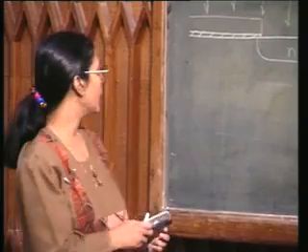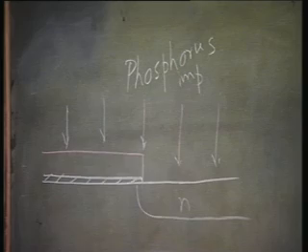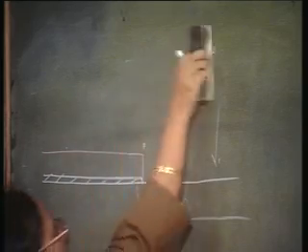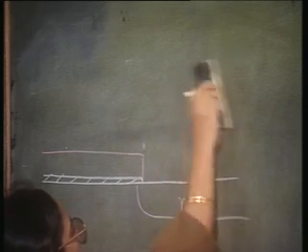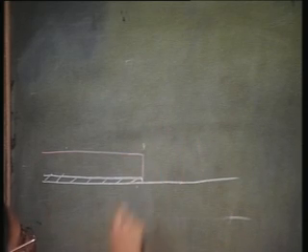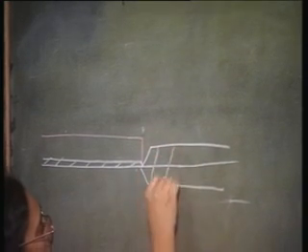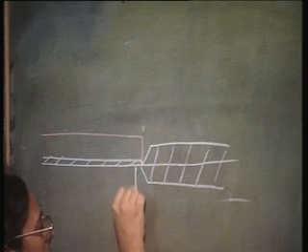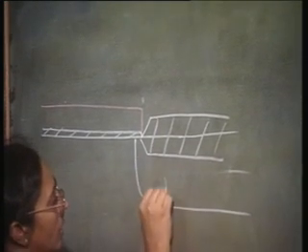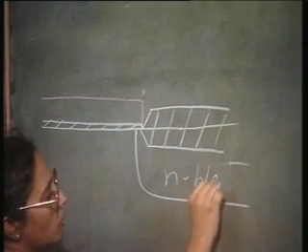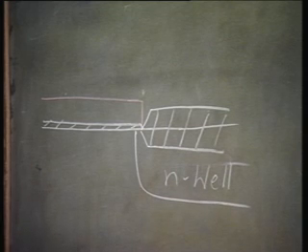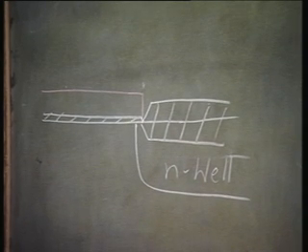And while you are doing this oxidation, the Nwell would also be driven deeper. So at the end of that oxidation process, you will have an oxide and underneath you will have the Nwell. Okay. So, you have already formed your Nwell.